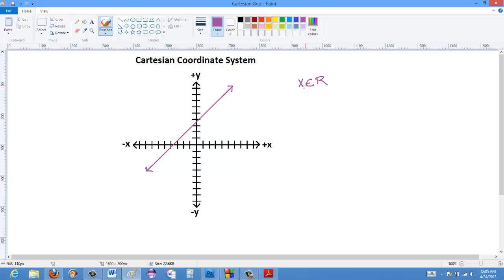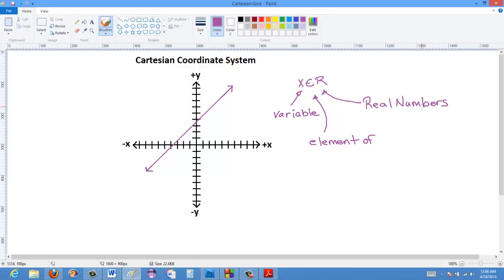Now, what this means is that x is the variable, this symbol means element of, or it's a part of, or it belongs to, and the R means the real numbers.